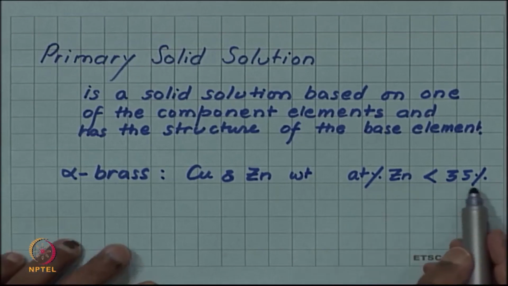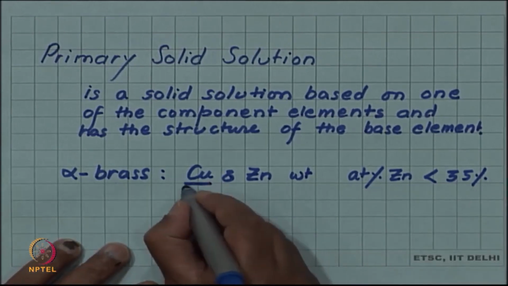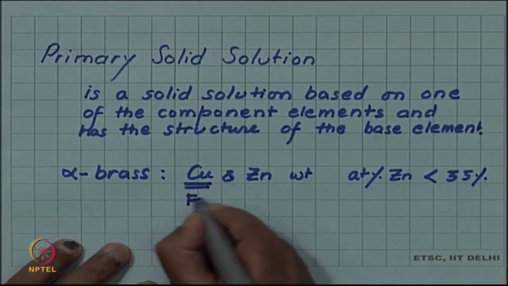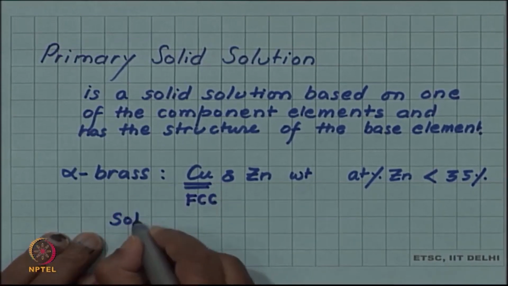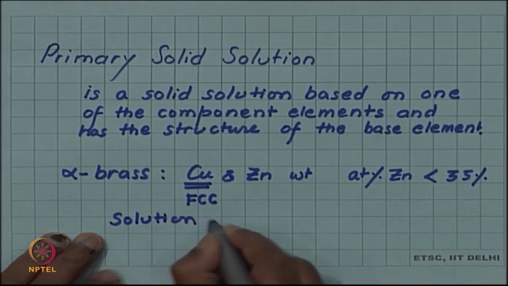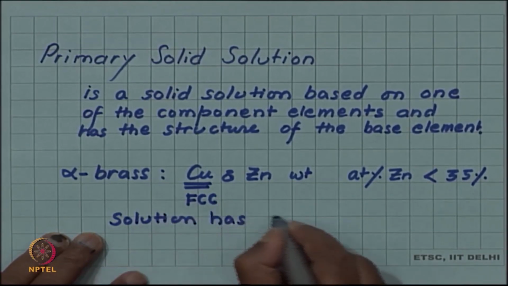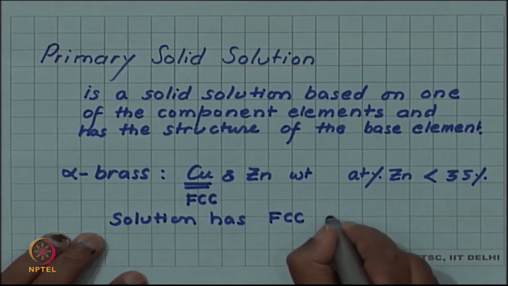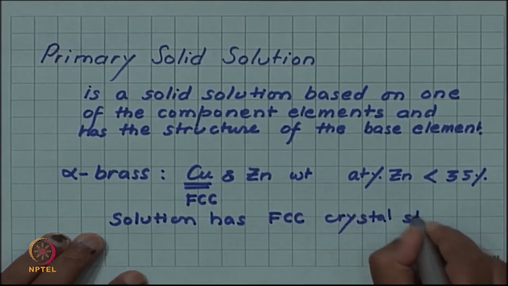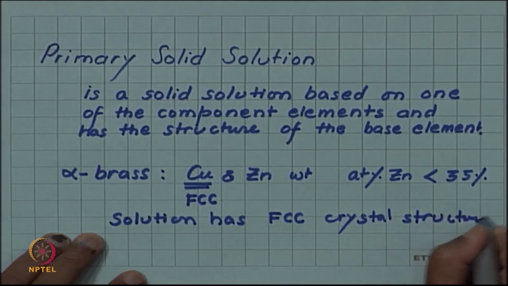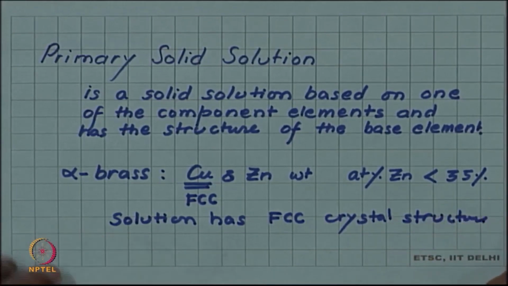So, zinc is less, so it is based on copper and copper is FCC. The solution also has FCC structure. And from the discussion in our last video, this is a random solid solution. So, alpha brass is an example of a primary solid solution.